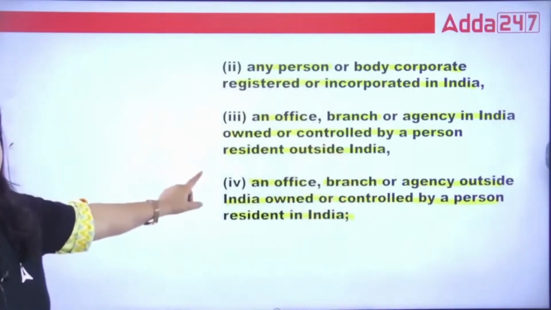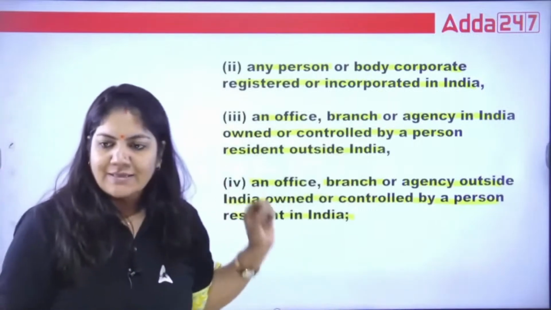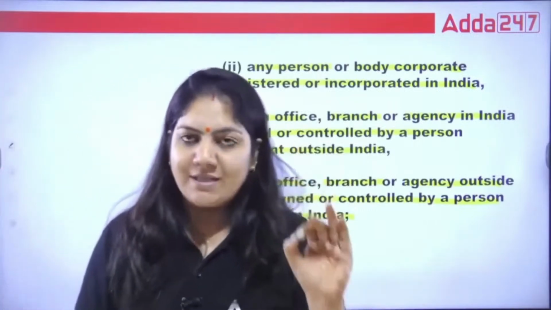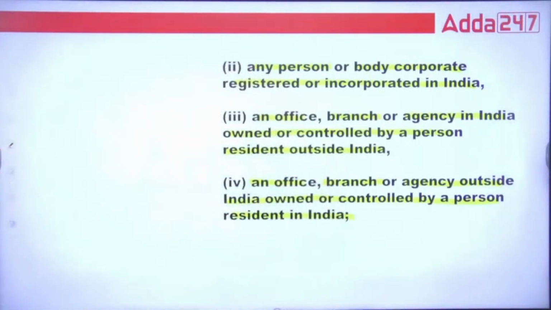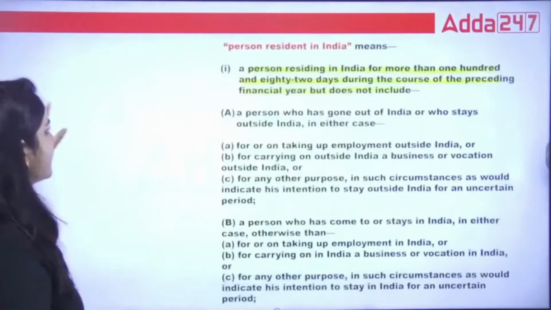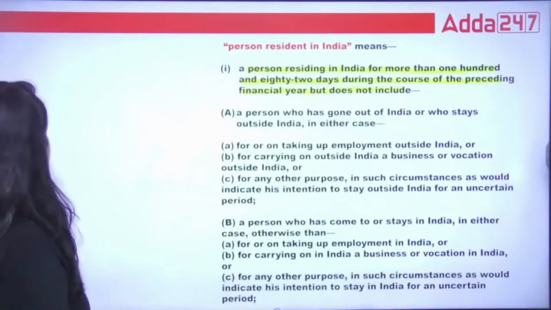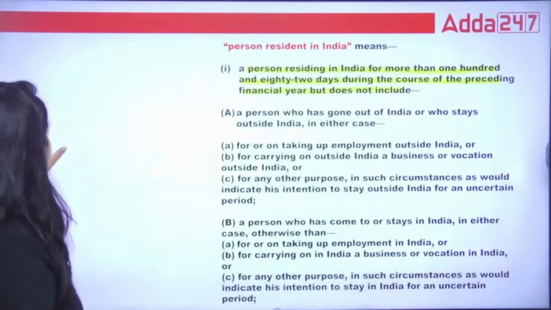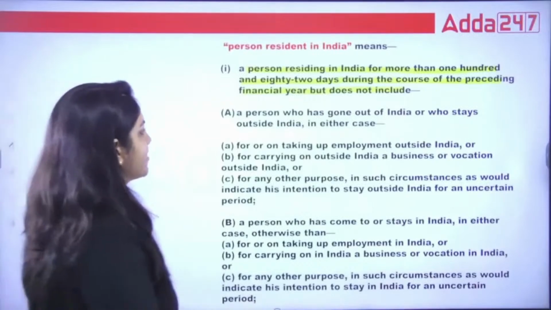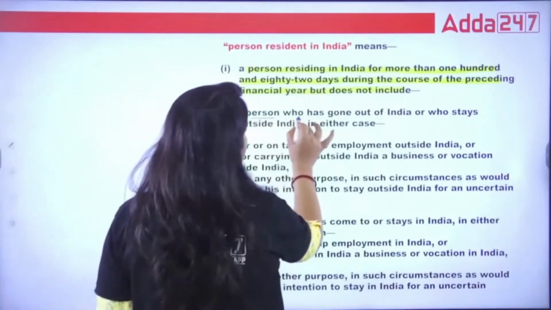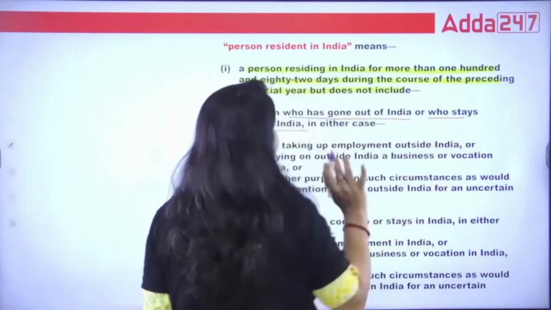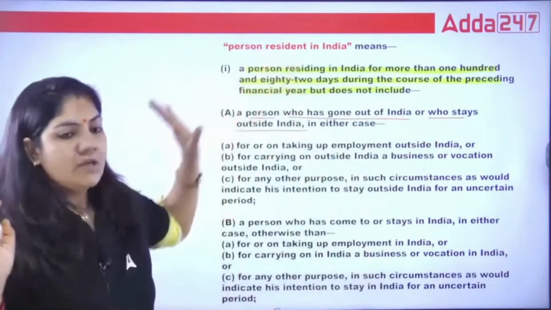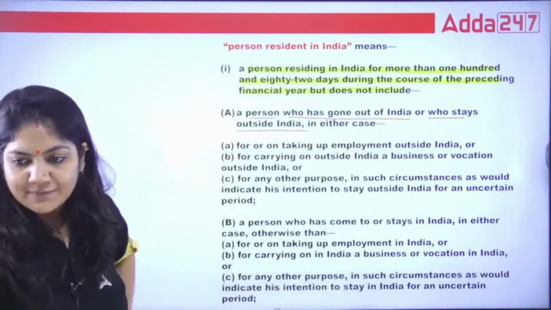So these are the 4 persons included in this definition. Now, which person will not be included in the definition? The person who has gone out of India and who stays outside India will not be included as person resident in India.